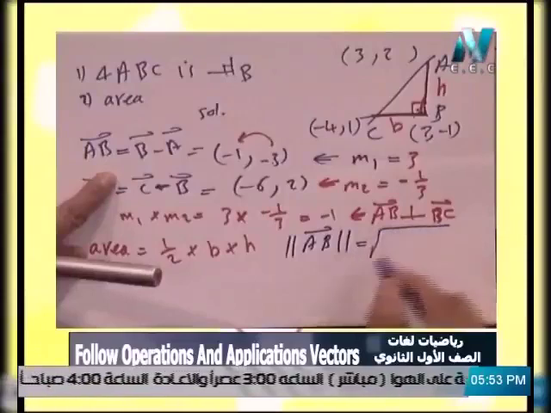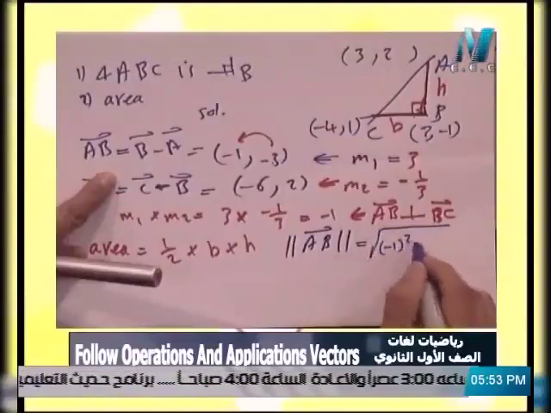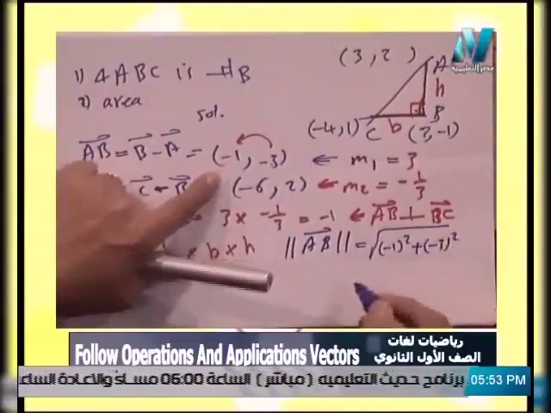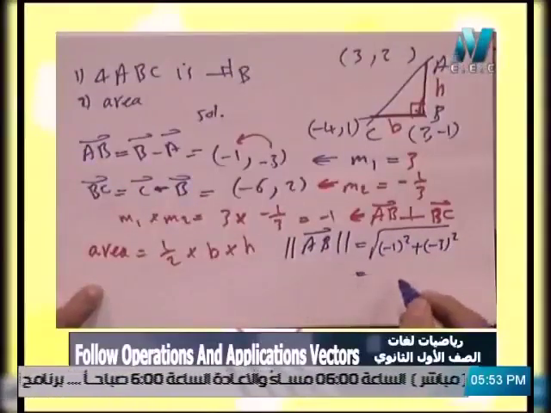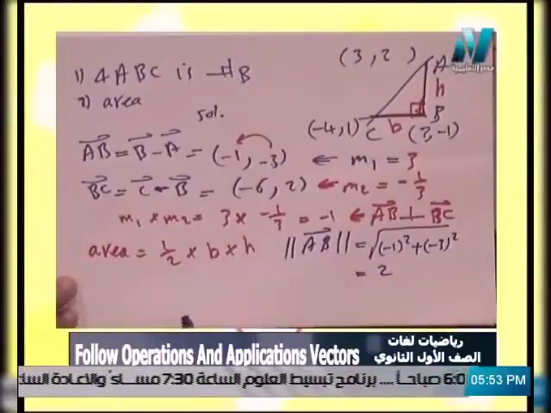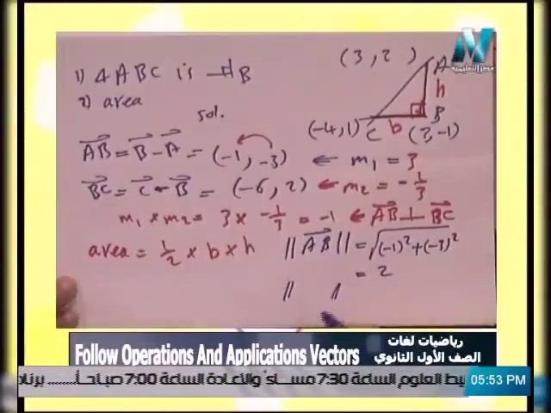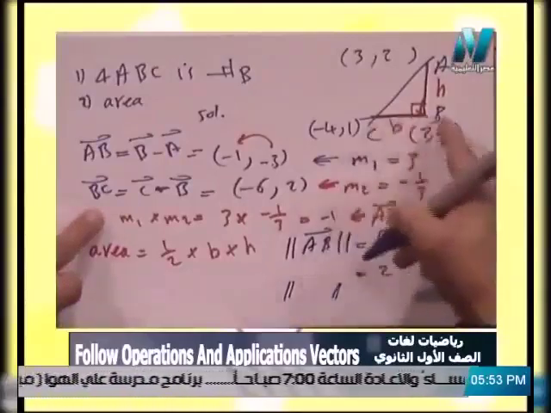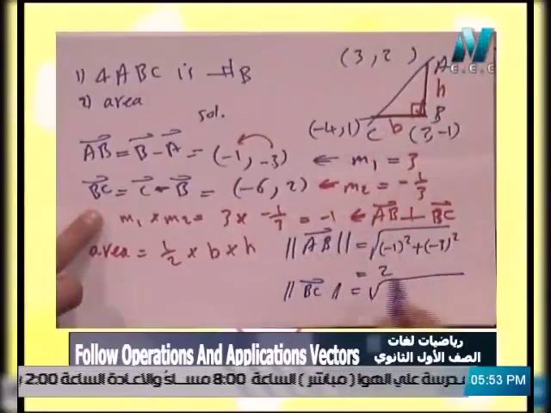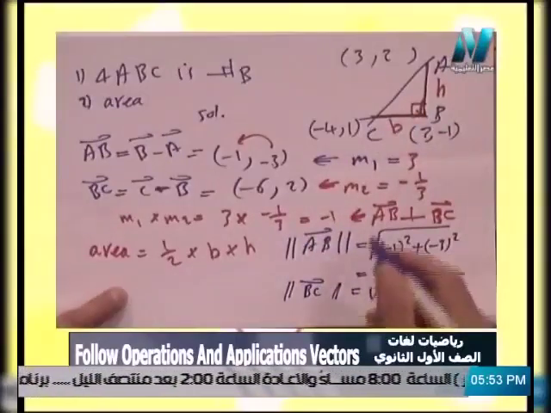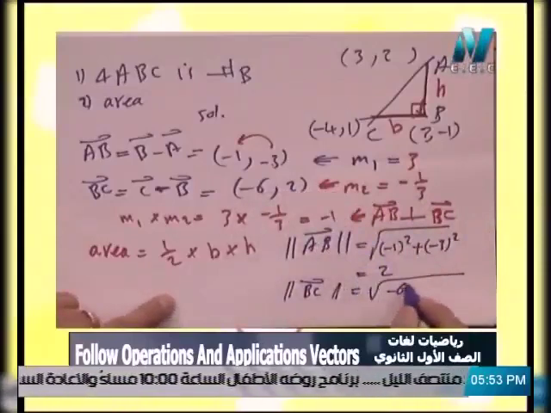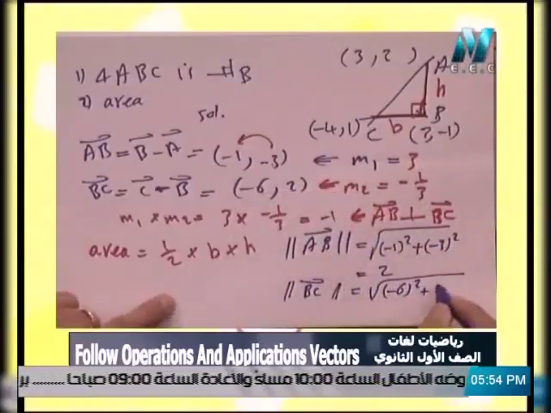The norm of AB equals the square root of negative 1 squared plus negative 3 squared. And to find the length of the vector BC, which is the base, it equals the square root of negative 6 squared plus 2 squared.